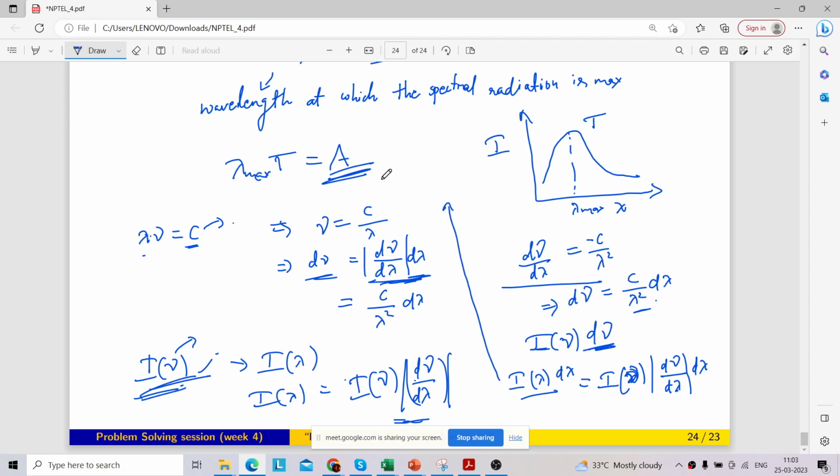Initially I know the form of I nu d nu, and I want to find I lambda d lambda, so I can substitute the d nu form I got from here. Then I will get the intensity in terms of lambda.